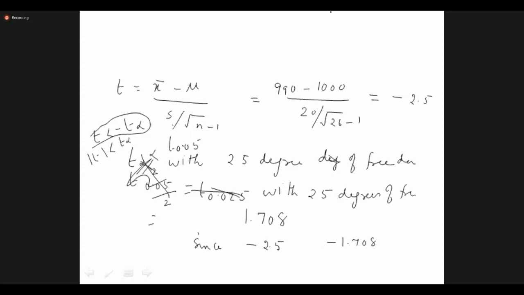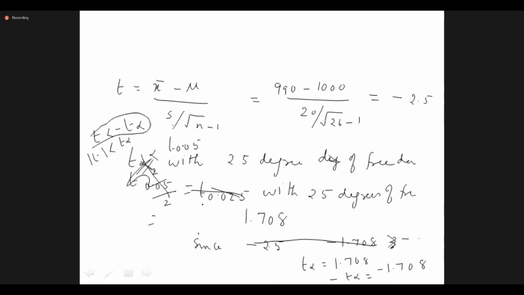As minus 1.708... T alpha I am getting as 1.708 and minus T alpha I am getting minus 1.708.